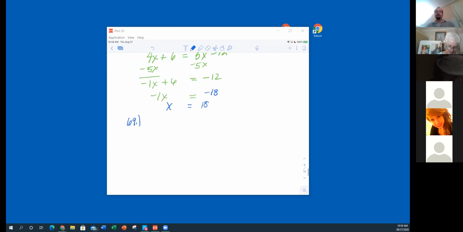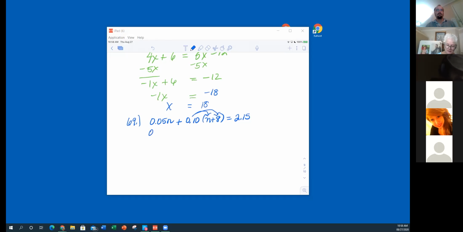We have 0.05 n plus 0.10 n plus 8 equals 2.15. So what I would recommend again, just to avoid confusion, is to go ahead and distribute that first.